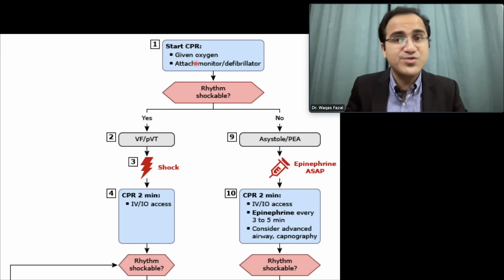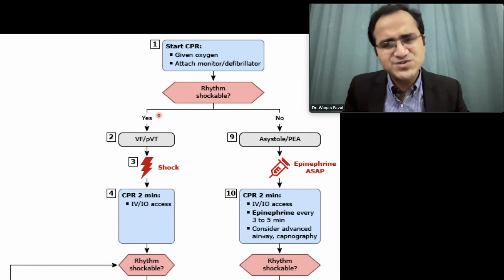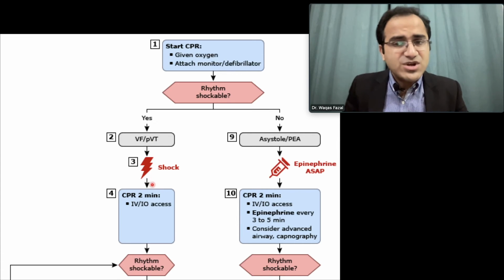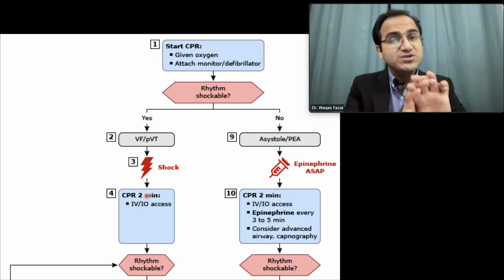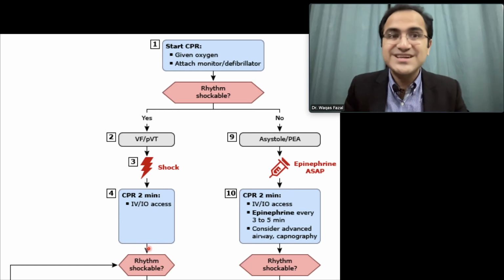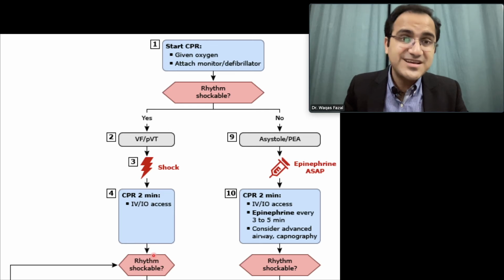You start CPR, you give oxygen, you attach the monitor, you bring the defibrillator, and if the patient is having pulseless ventricular tachycardia where there is no pulse, you straight away shock the patient. You give shock. Then after that, you restart the CPR and then you reassess the rhythm, whether the rhythm is again shockable or not, whether the patient is still having ventricular tachycardia or has developed ventricular fibrillation.